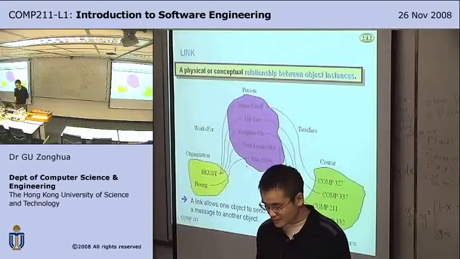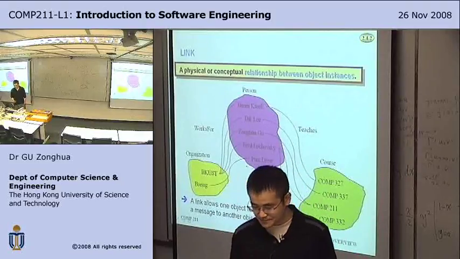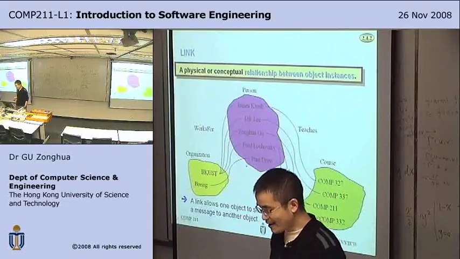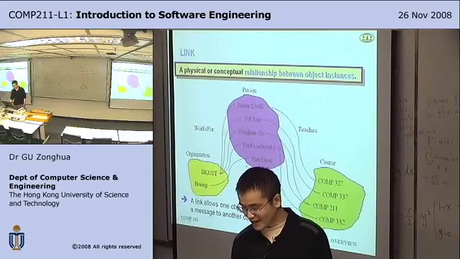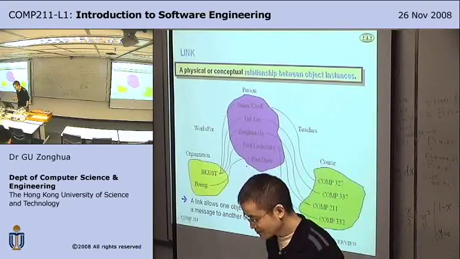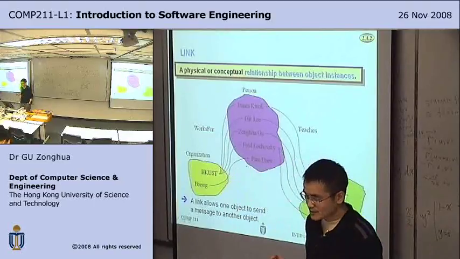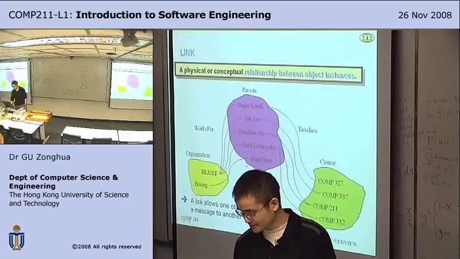A link allows an object to send a message to another object, which may be a method operation invocation. Without a link, you cannot communicate between the objects. You can communicate indirectly if there's an indirect path to the object, but messages can only travel along links.